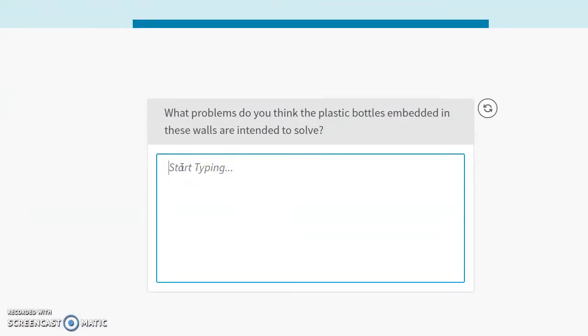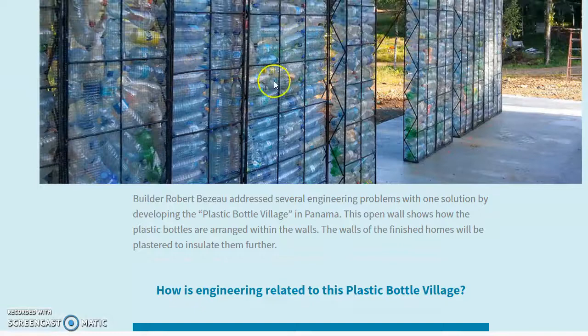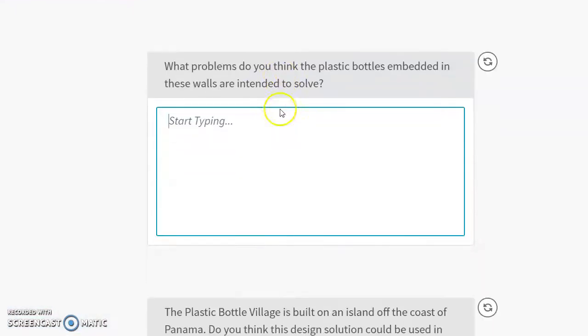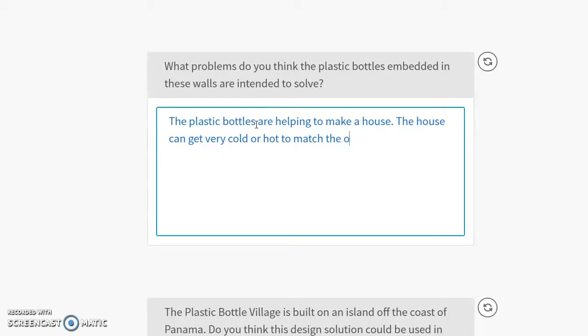What problems do you think the plastic bottles here that are embedded, what is that trying to solve? So the plastic bottles are helping to make a house. The house can get very cold or hot to match the outside weather.